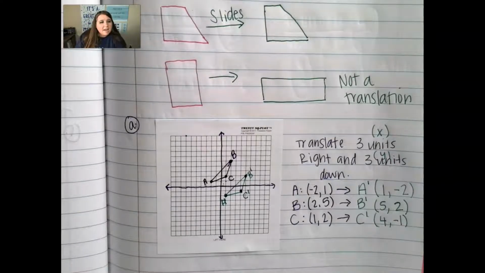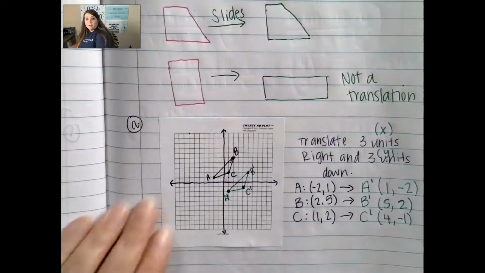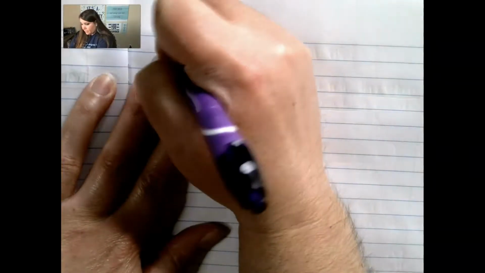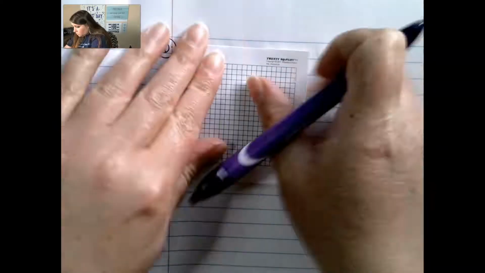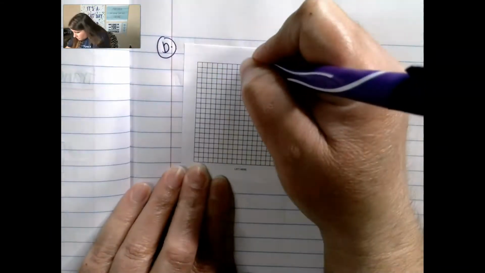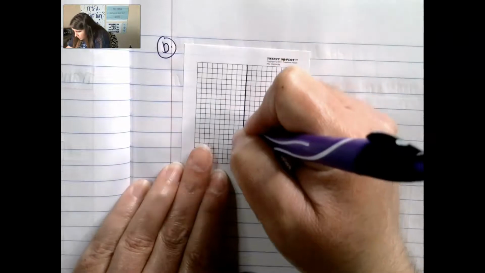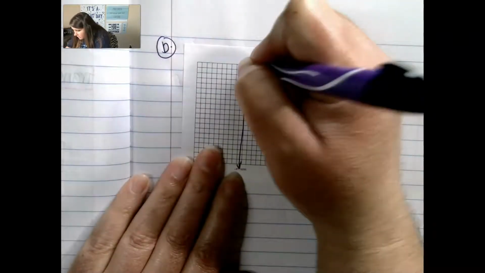All right, so our next example that we're looking at is example number 2. And again, we're going to have another triangle. So let me turn my page. And our next triangle that we're looking at, example B. Example B, again, has 3 points and is a triangle.